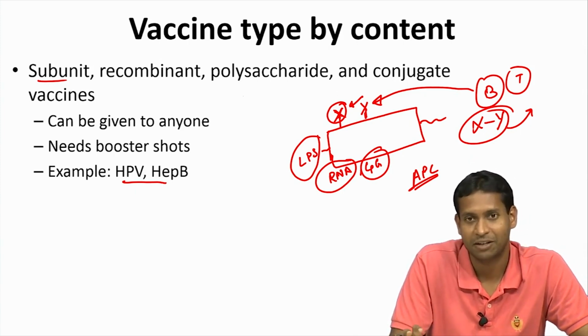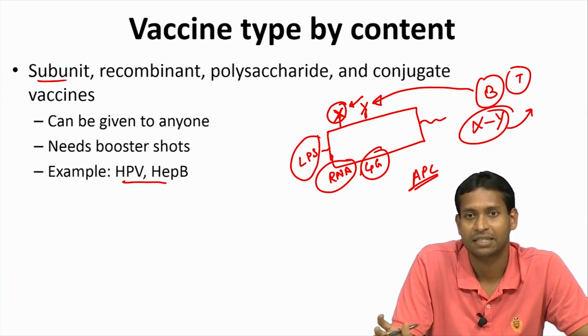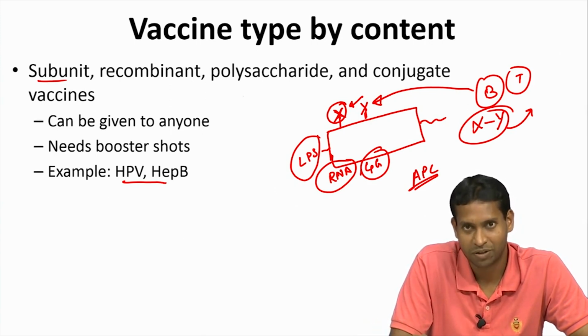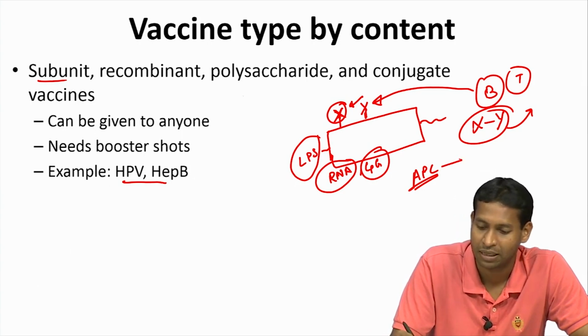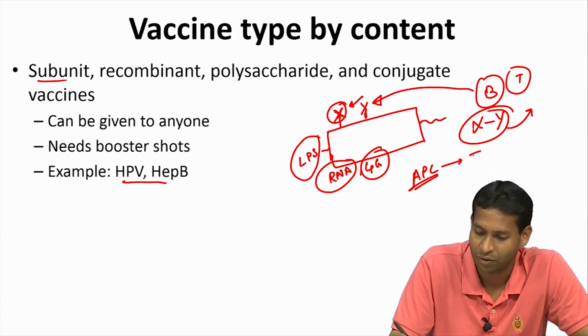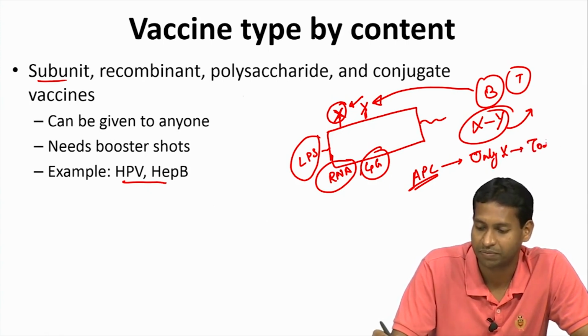This is the last thing that you want, because the immune system will think it is a self protein, since there is no co-stimulatory molecule, and it may actually go into tolerance mode. So, if you only do this with only X, you may go into tolerance.